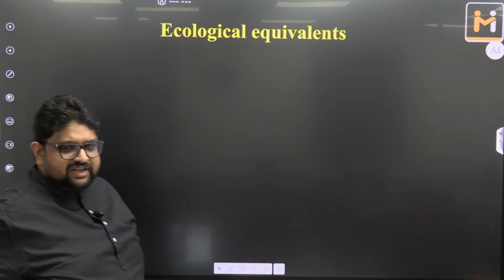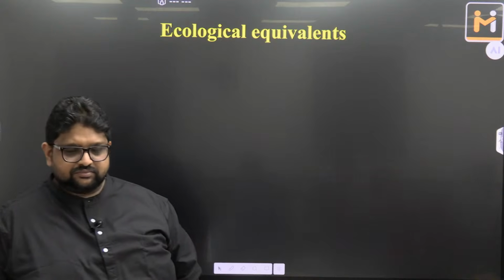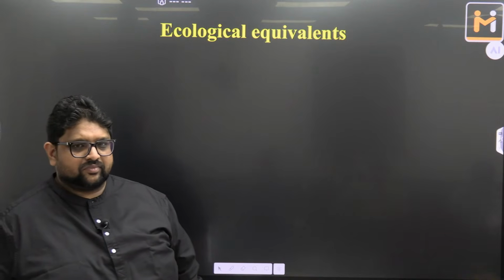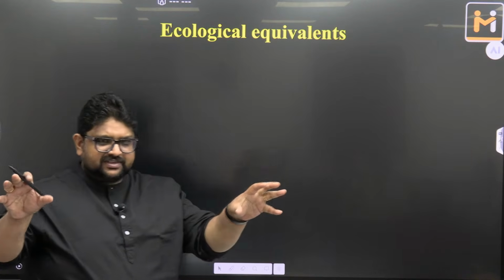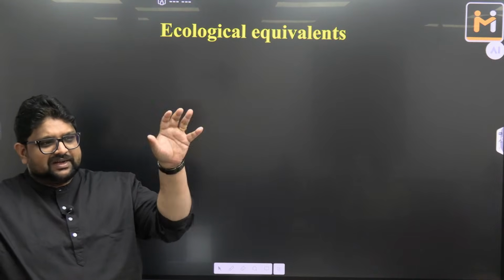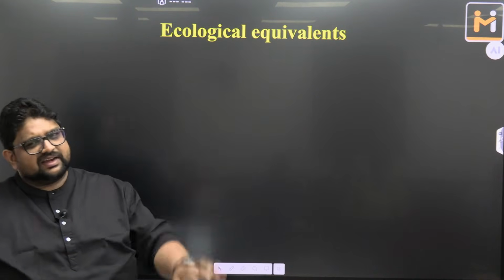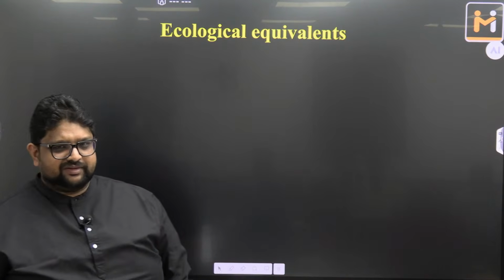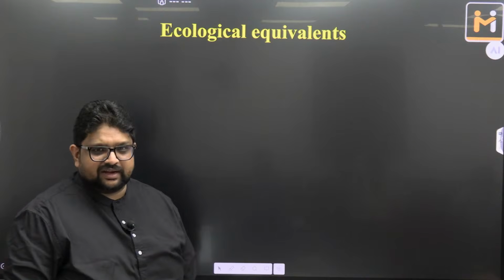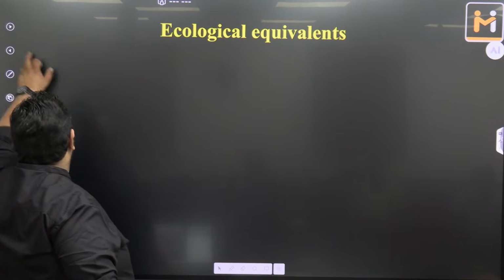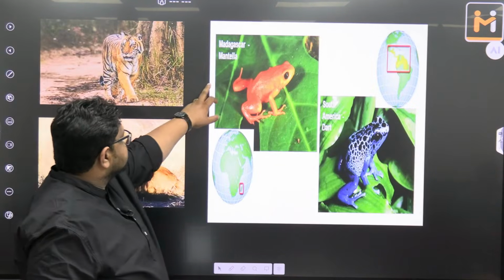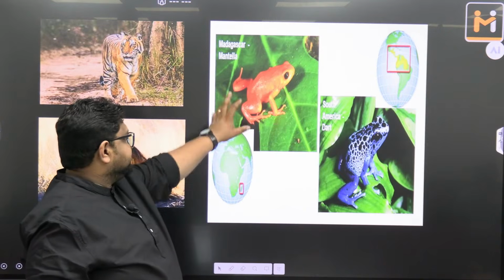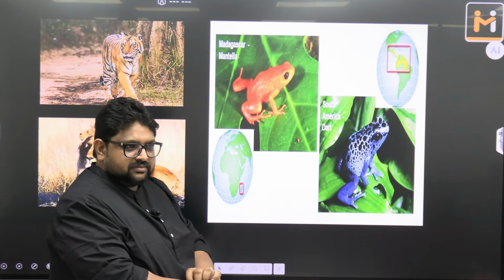What are ecological equivalents? Two different species in two different communities, but having exactly same niche. They play a similar role in that environment. Okay, tiger and lion. There is one example. There is Madagascar mantella. It is a frog which is present in Madagascar.